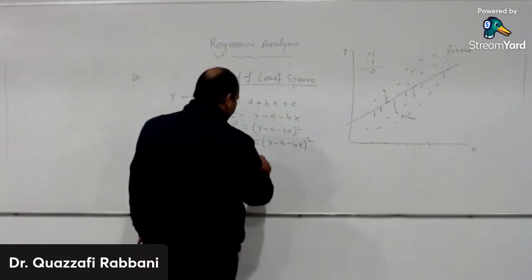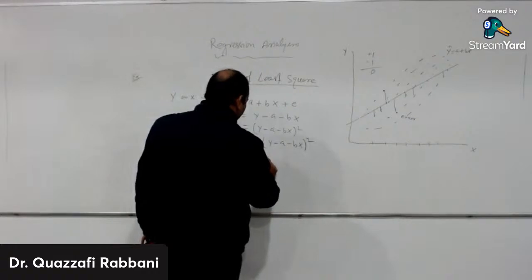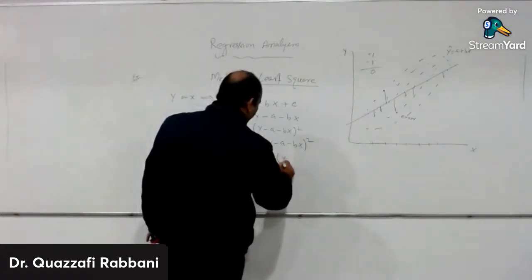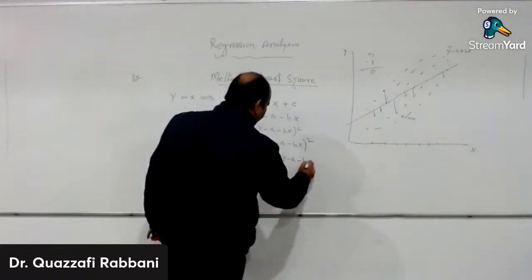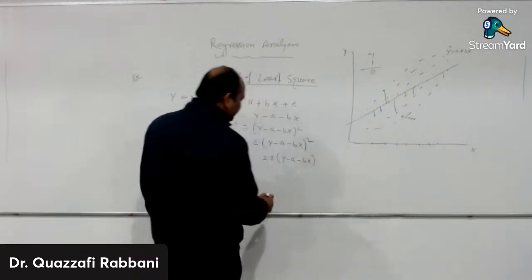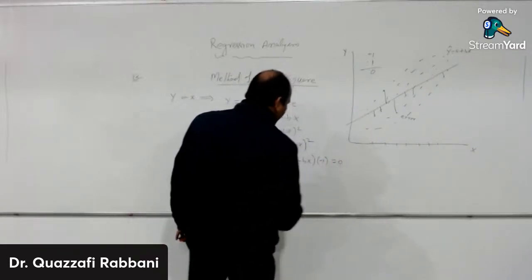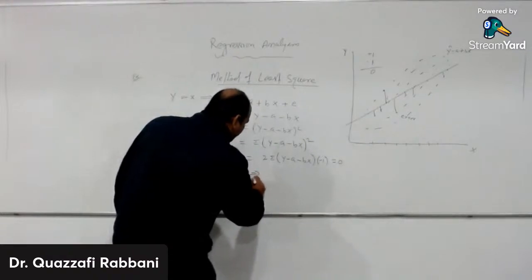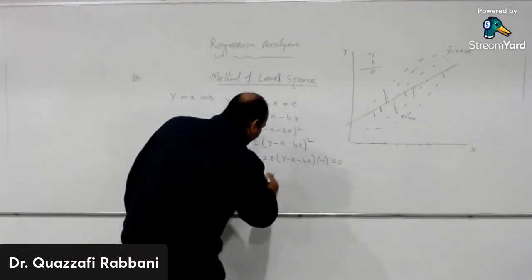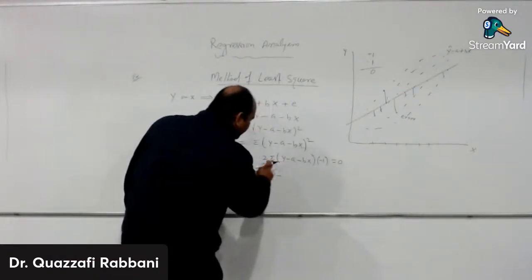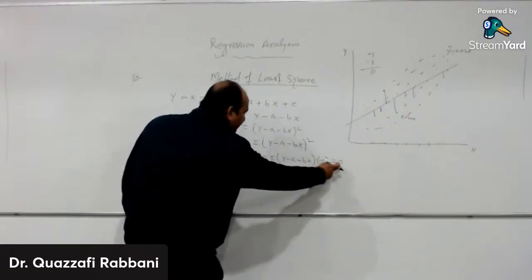So this becomes 2 summation y minus a minus bx, times minus 1, is equal to 0. Taking this to the other side, it will be 0.